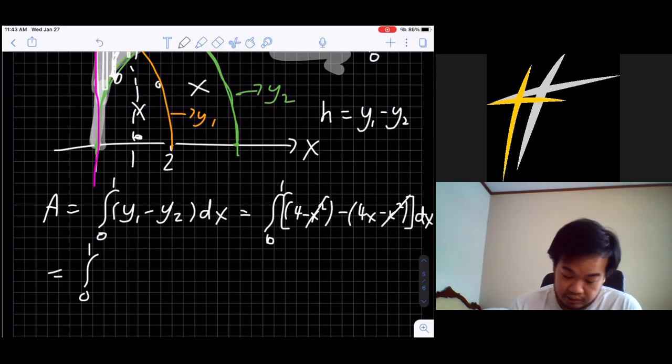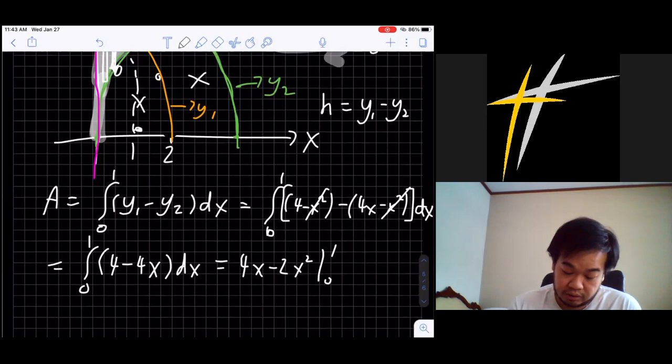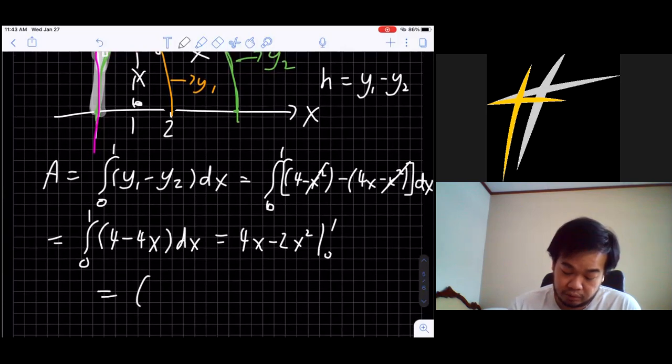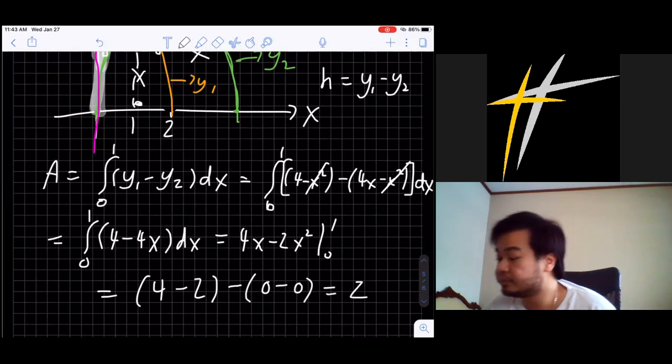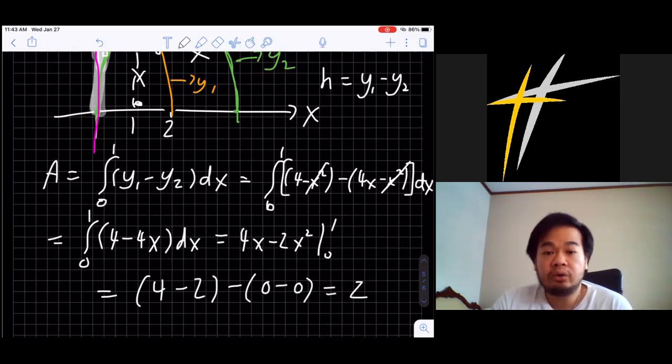Cancel, cancel, so it's the integral from 0 until 1 of 4 minus 4x dx, which is 4x minus 2x squared from 0 until 1. So it's equal to 4 minus 2 minus 0 minus 0, so it's equal to 2. So that's how you do it.